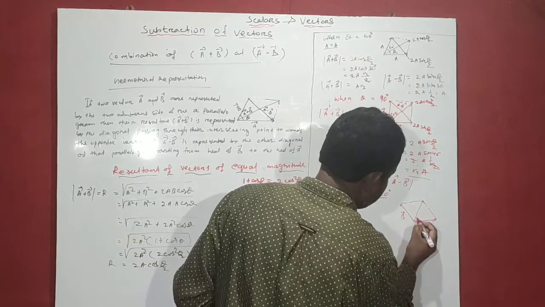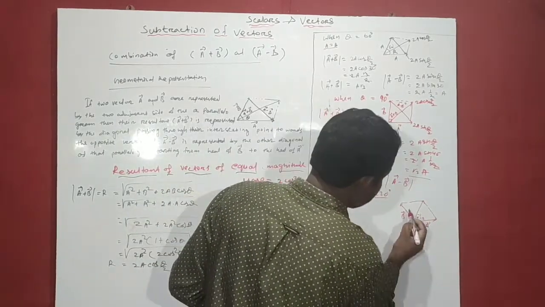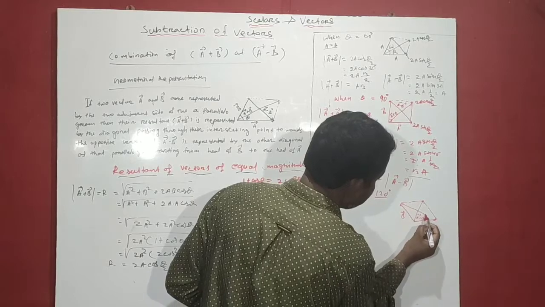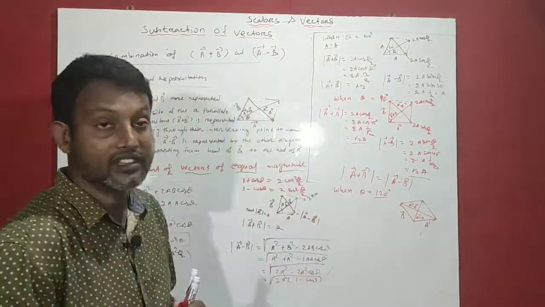This is A plus B, and the other diagonal is for A difference B.